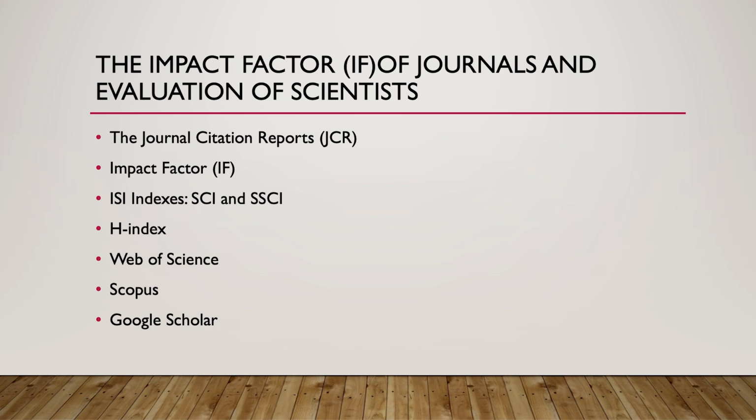Therefore, Web of Science coverage will always be significantly different from Scopus coverage. As you know, Scopus came into the picture a little later than Web of Science, and Web of Science was also criticized for many reasons, particularly its coverage.